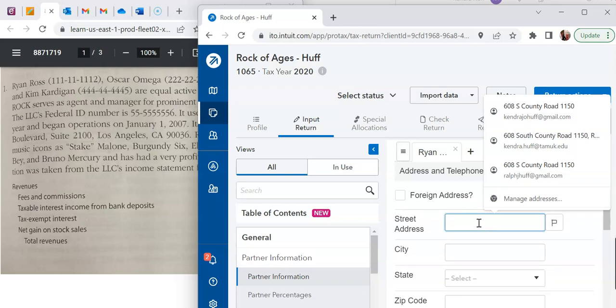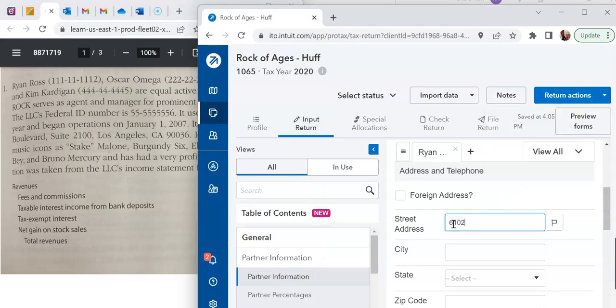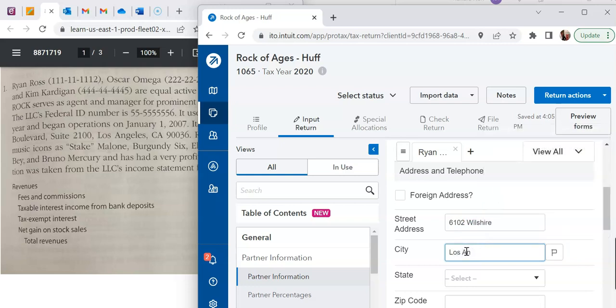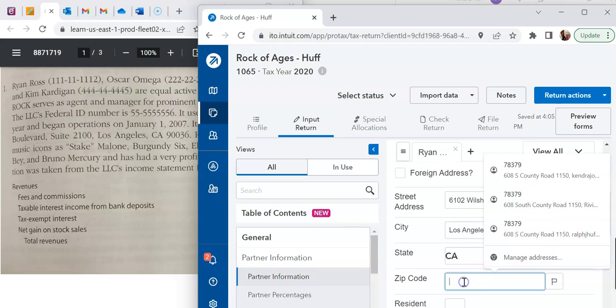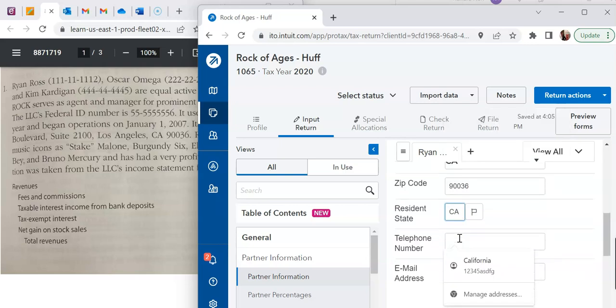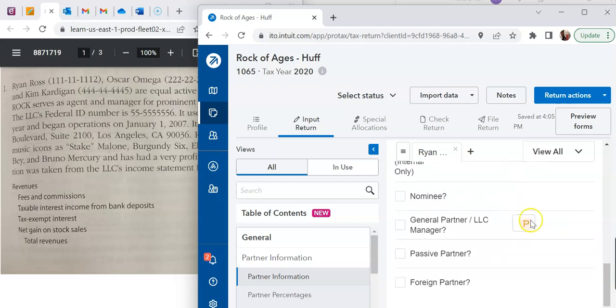I'm just going to put everybody at this 6102 Wilshire Boulevard. Type of entity: they're all general partners.